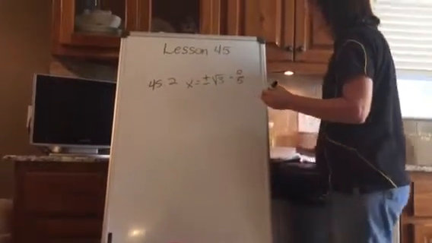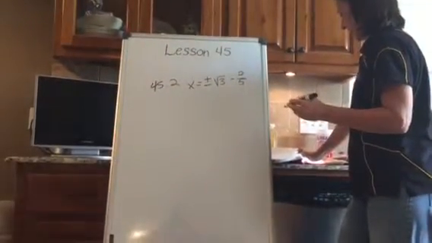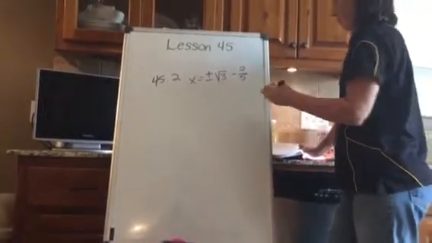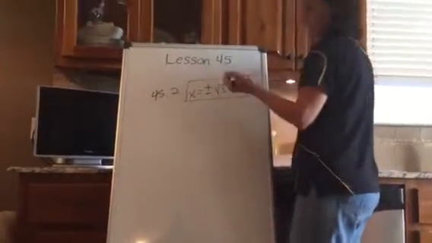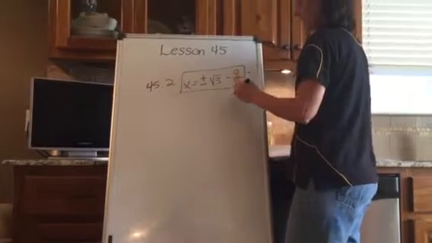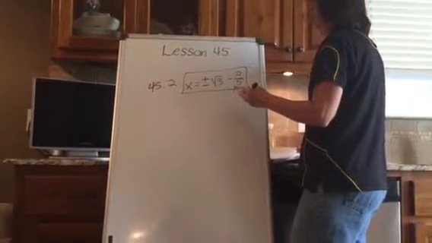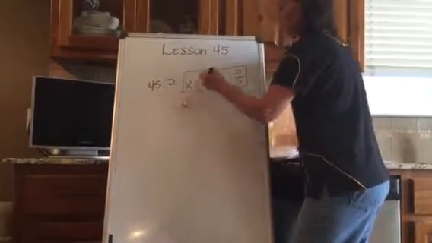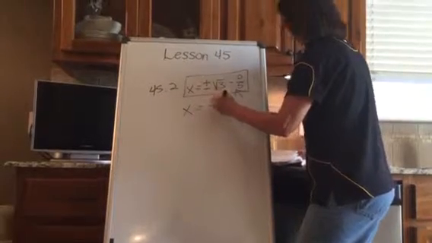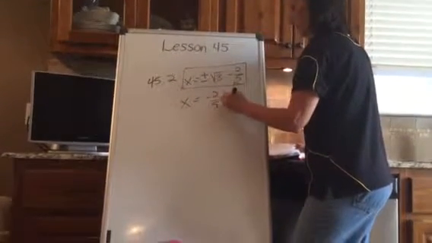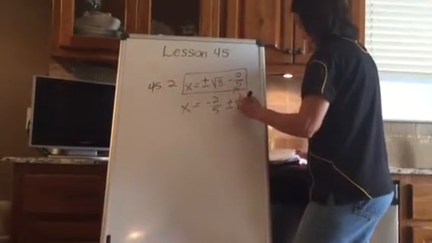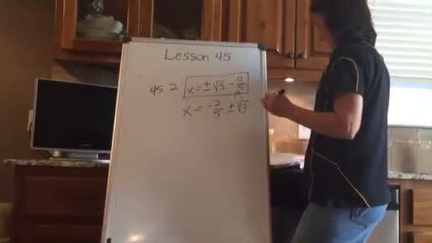We could actually solve for this, can't we? With your calculator, you could. But this is a sufficient answer, okay? And it doesn't matter, you could write it either way. You could write negative 2/5 plus or minus the square root of 3, okay?